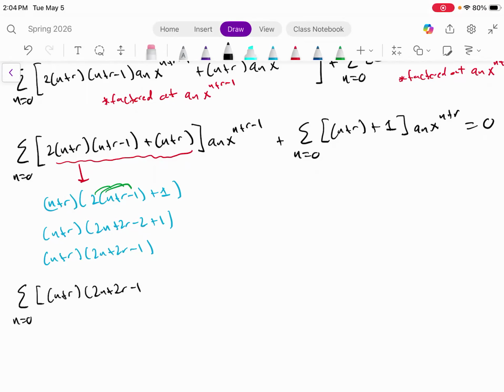Okay. a sub n, x to the n plus r minus 1. Okay. Plus the series n equals 0. We could even just drop that parentheses. So it'll just be n plus r plus 1, a sub n, x to the n plus r. This all equals 0.